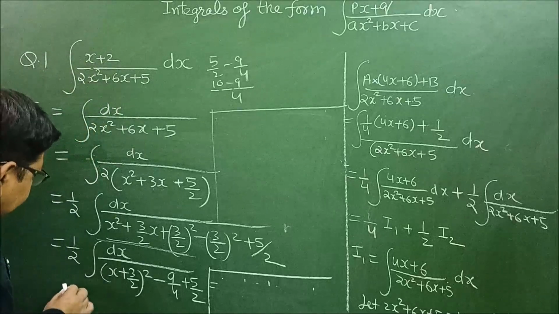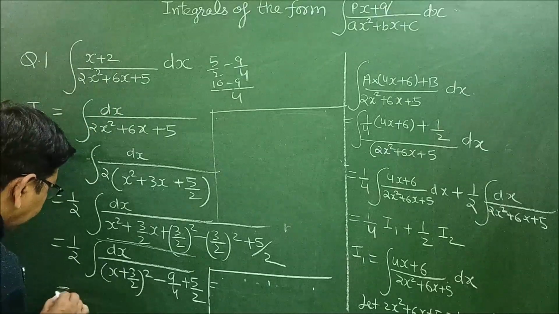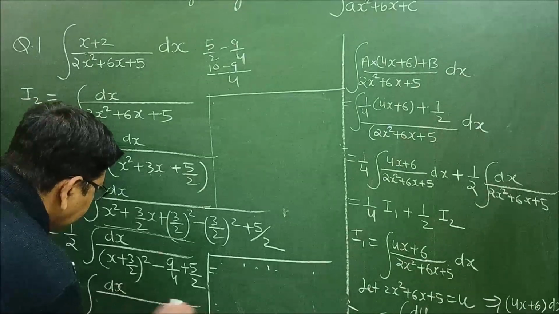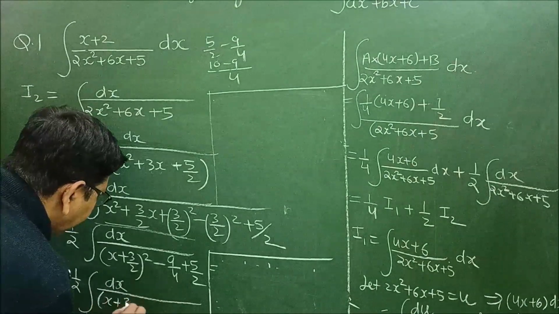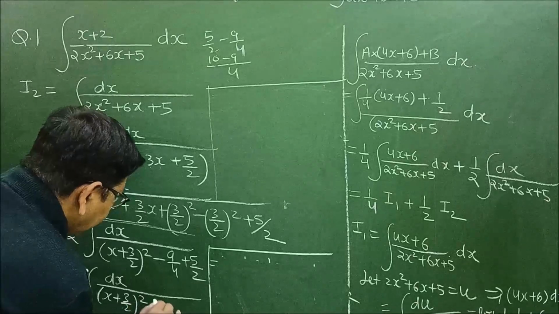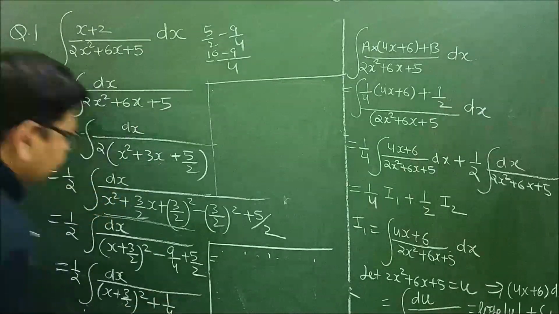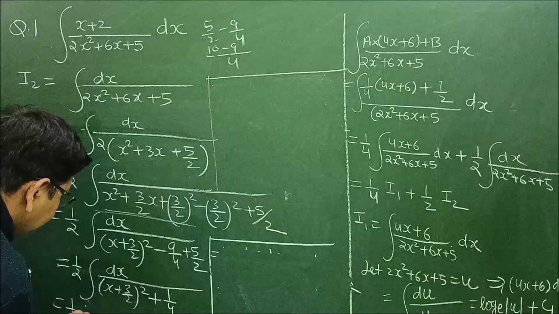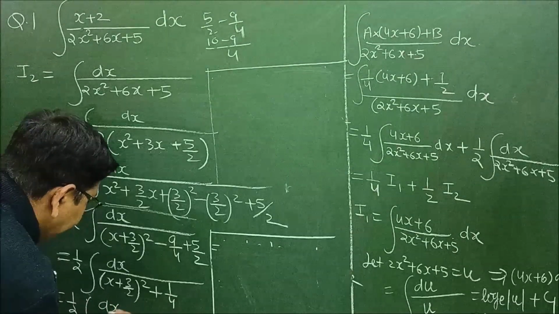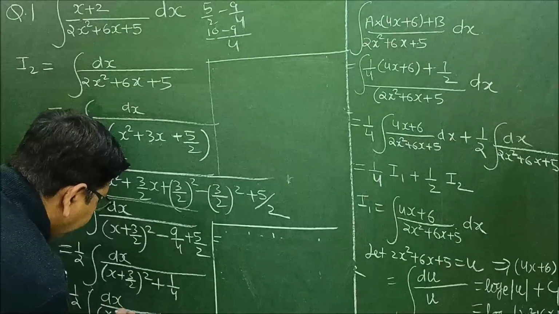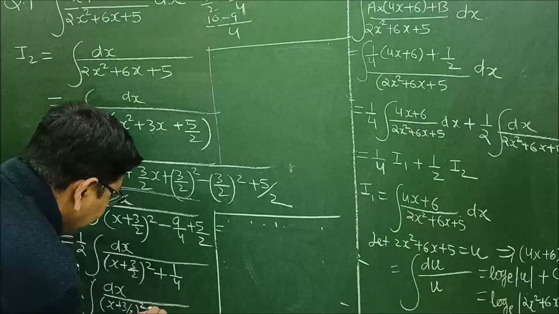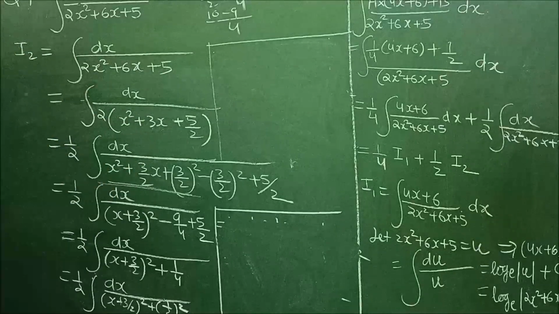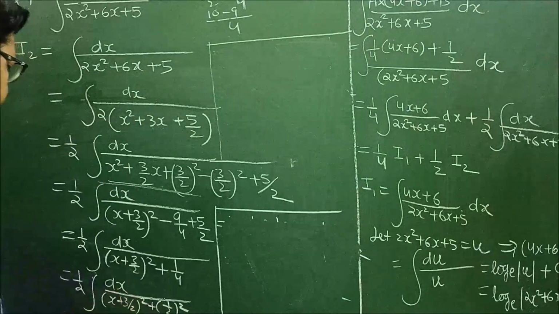So we can write this is equal to 1 upon 2 integral of dx upon (x plus 3 upon 2) square plus 1 upon 4, which is equal to half dx upon (x plus 3 upon 2) square plus (1 by 2) square, and this is of the form x square plus a square.